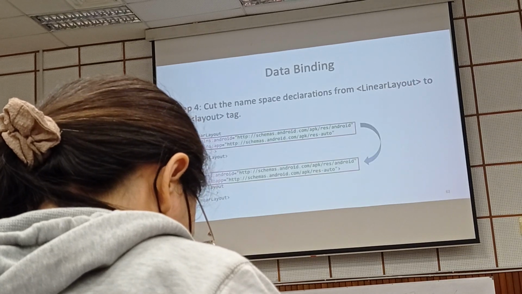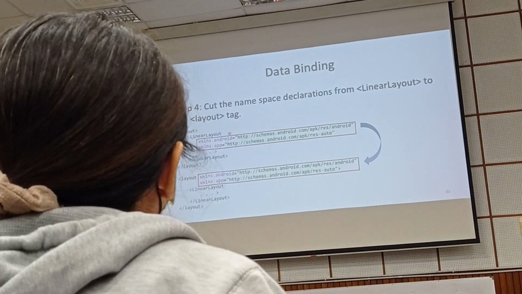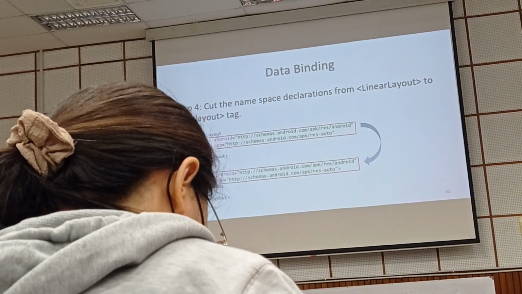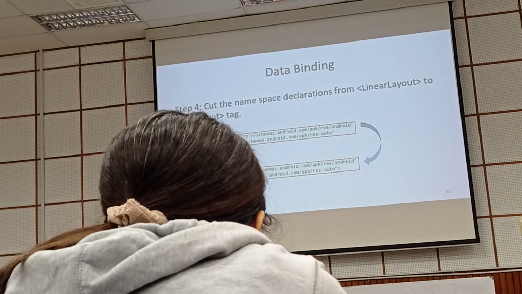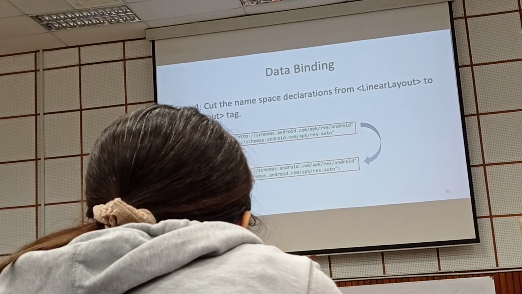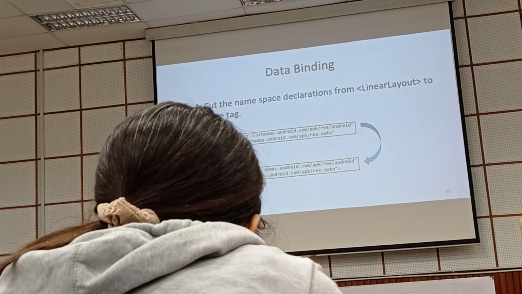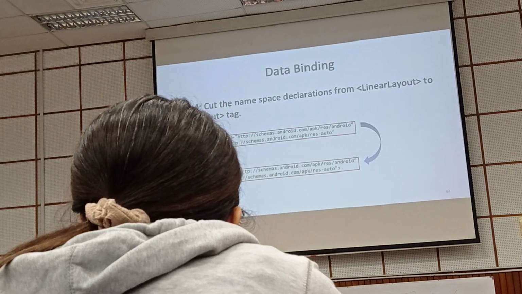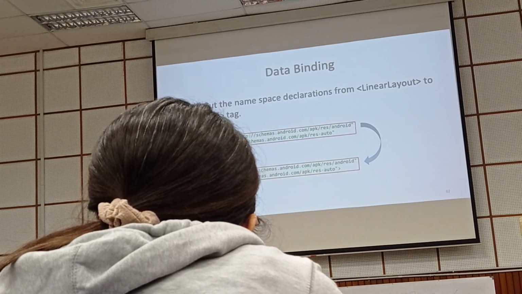So for transition, I show you the difference. From here, we move these two tags from the linear layout to this layout file. Okay? That is one change. You need to change the layout file by moving these two tags out and to the top. Okay? That is the second thing.